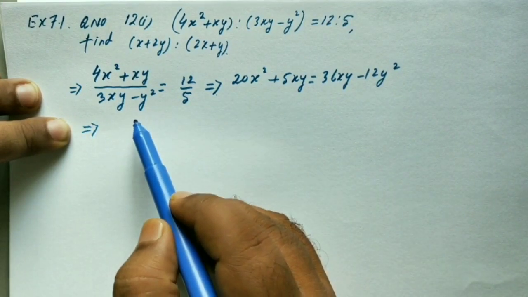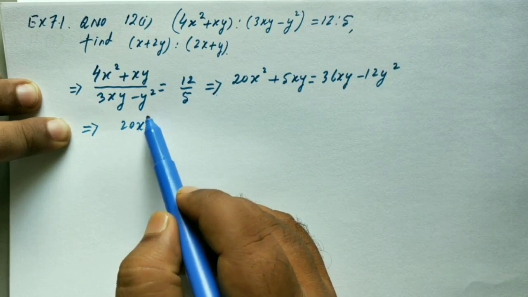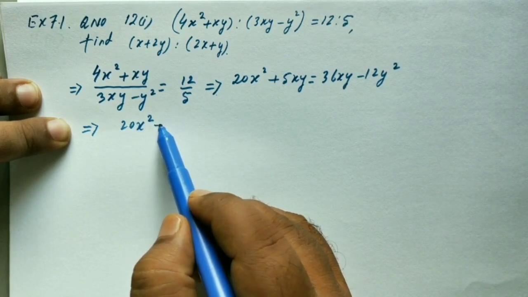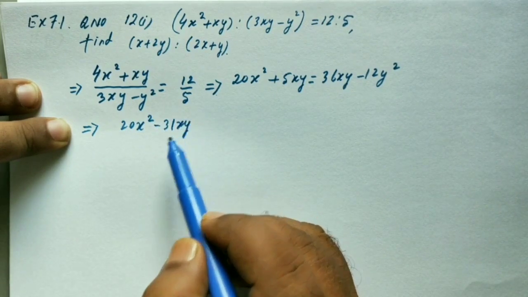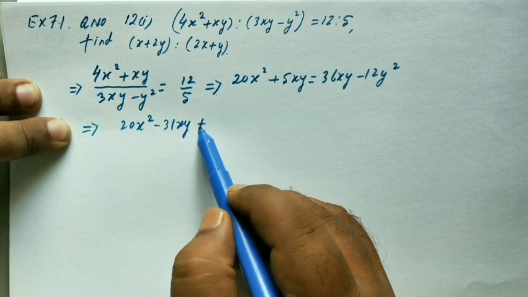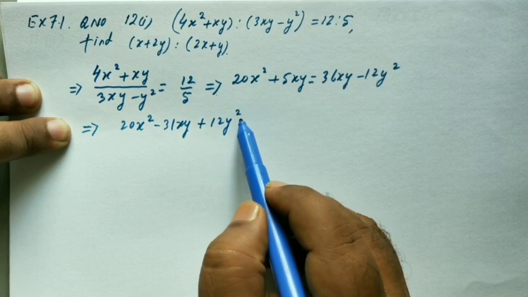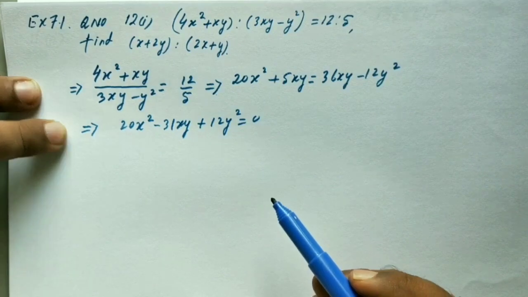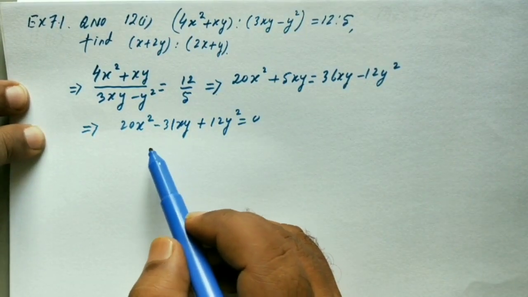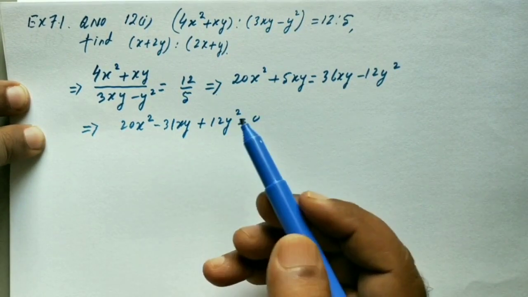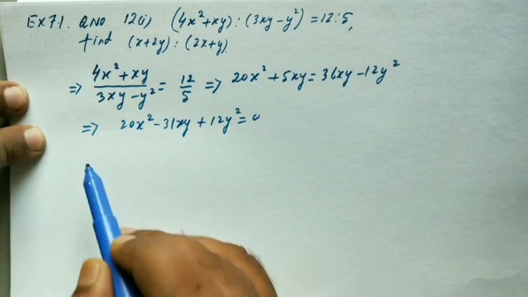And then after simplifying it, I get 20x square minus 31xy plus 12y square is equal to 0. You get a quadratic equation in terms of x or in terms of y. So middle term break.